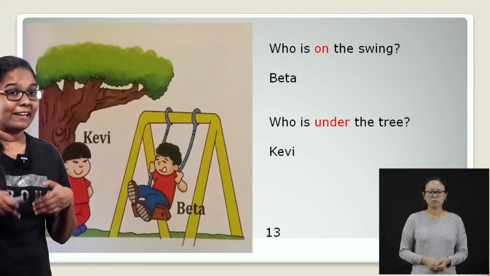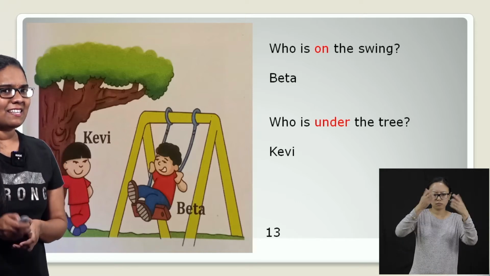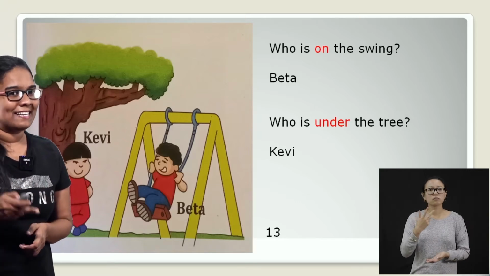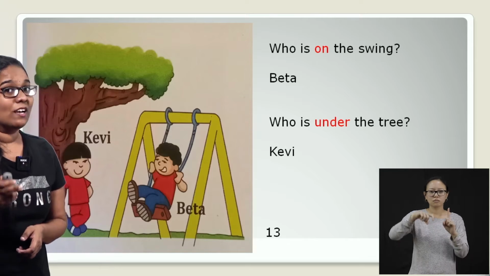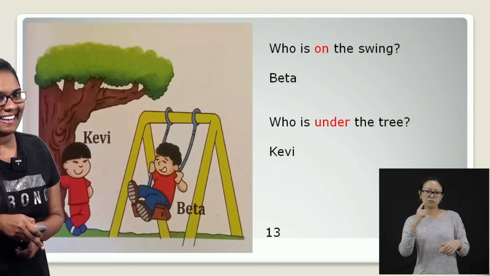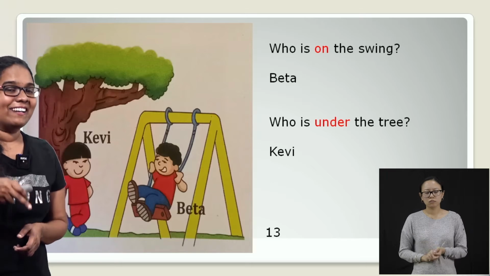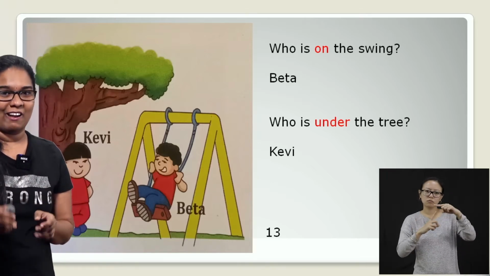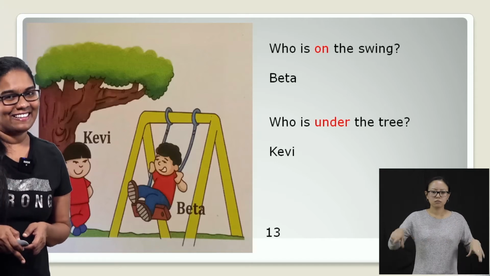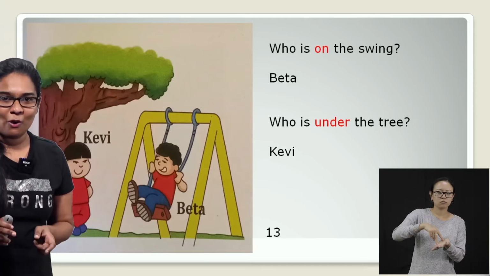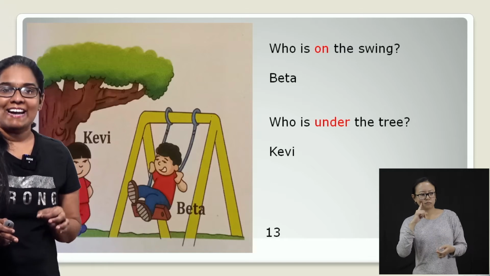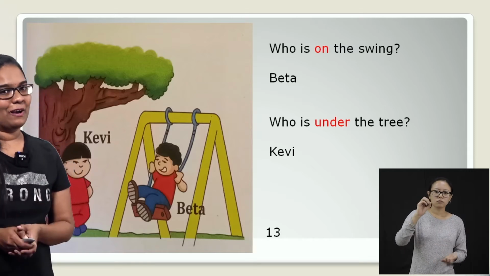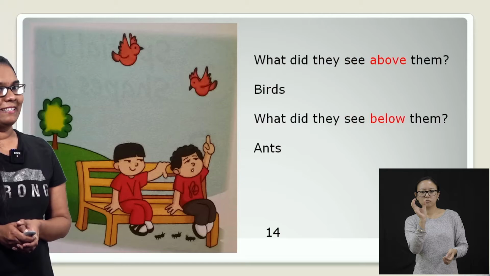Then who is under the tree? Yes, here Kevi is waiting for his turn, so he is standing under the tree. Kevi is under the tree and Beta is on the swing. On, under. O-N, on. U-N-D-E-R, under.